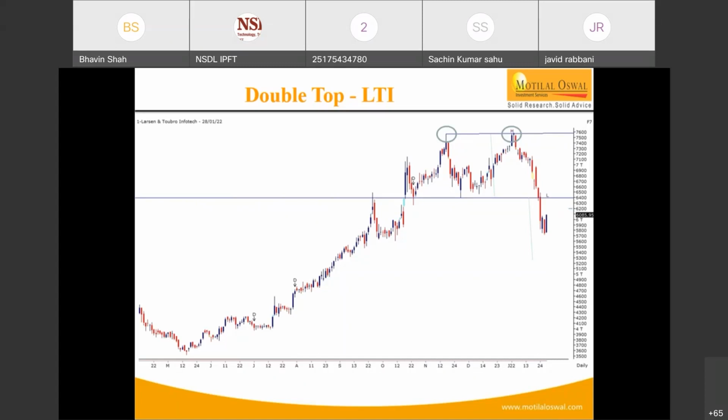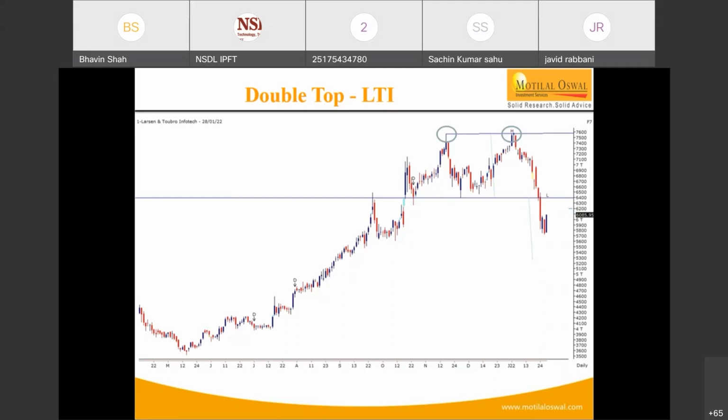So this is a sort of double top pattern which we have seen in L&T Infotech, and since then it has started correcting. So one important thing to note here is the trend line on the lower side around 6400 that you see. That is the neckline that we call the 6400 level, the trend line.